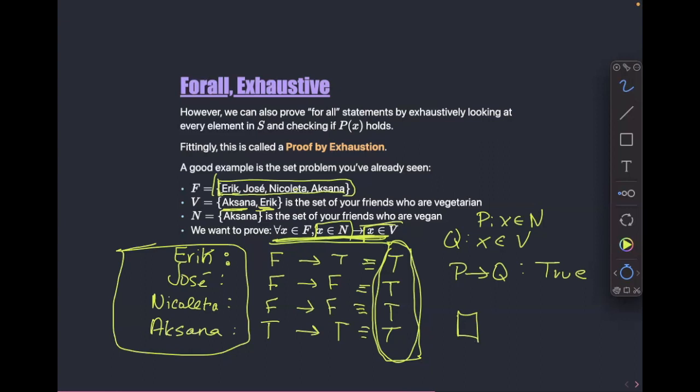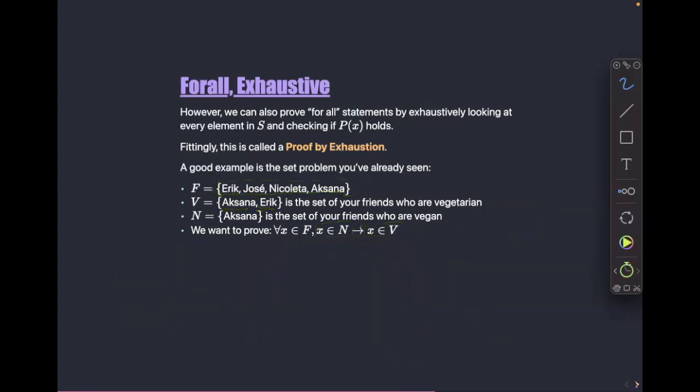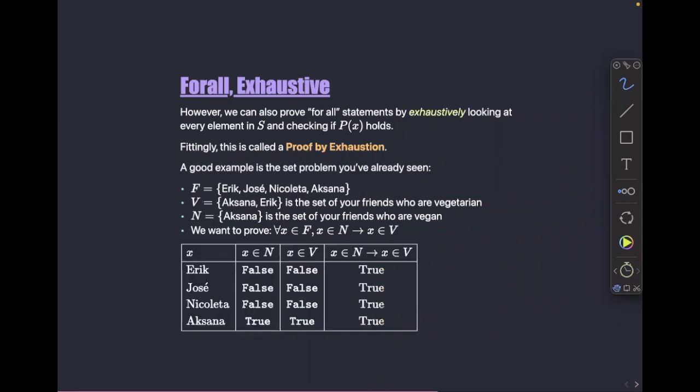It can be really useful when you have these kinds of finite sets. Now, when it comes to formatting these kinds of slides or proofs, I think the best way to do it is just with a table. Oh, I do have a typo here.